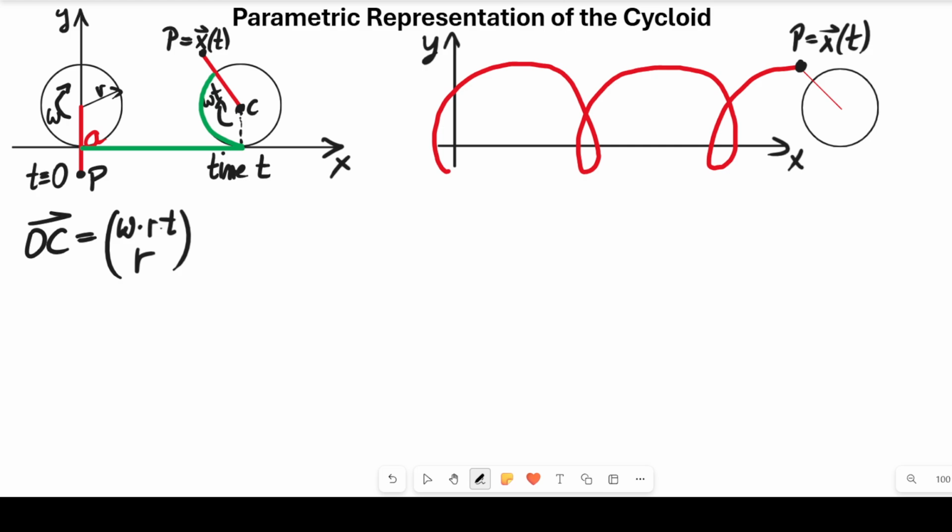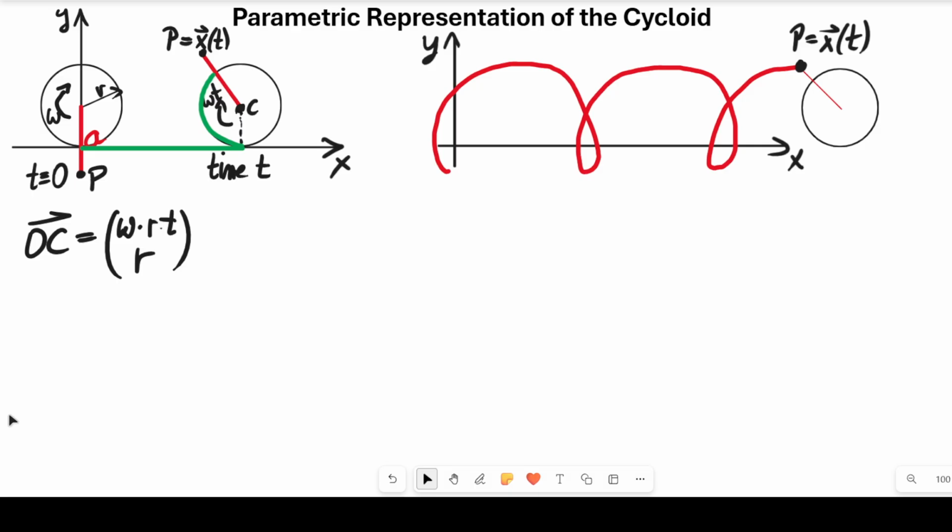Why is this the case? Because look at this green distance here. The x component corresponds to the unrolled arc length. So it is omega times r times t. Omega times t times radius gives this arc length here.